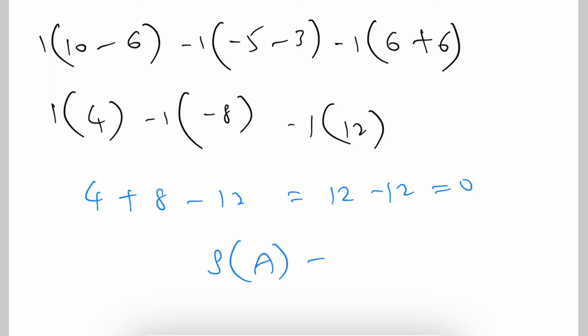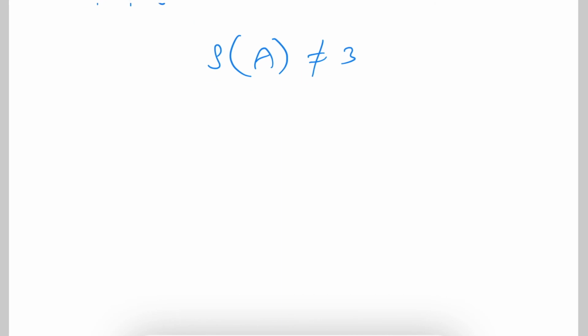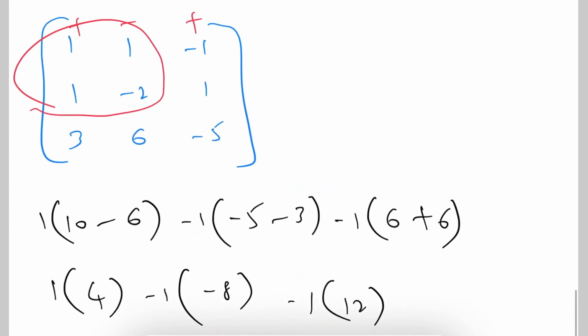Then the rank of the matrix is not 3. So it should be definitely less than 3 only. Now we will take a 2 by 2 submatrix from the question. I am going to take these 4: 1 1, 1 minus 2. For this submatrix let us find out the determinant now.